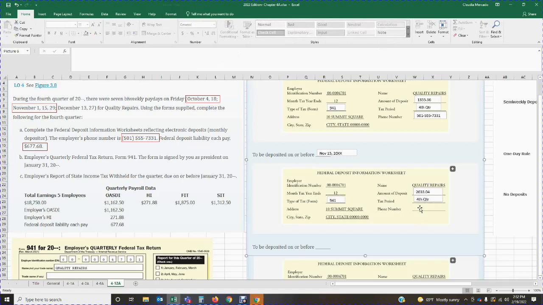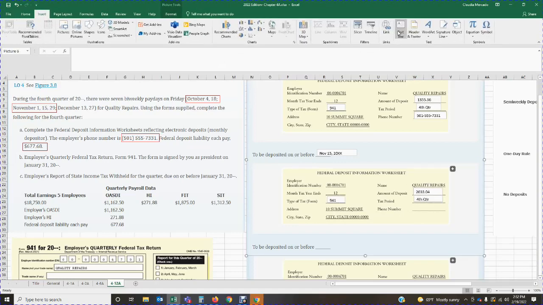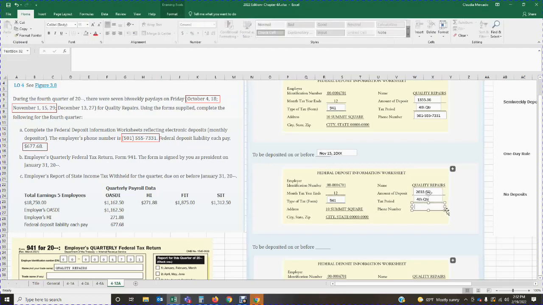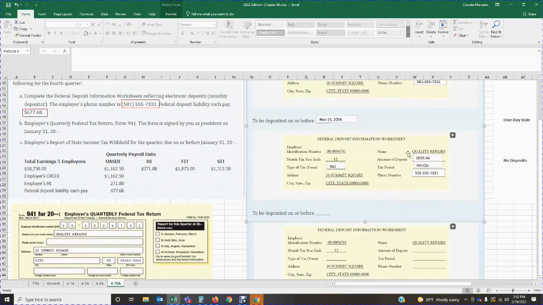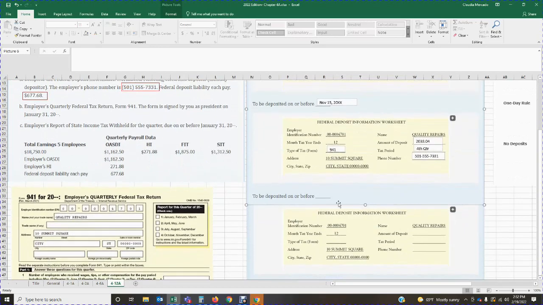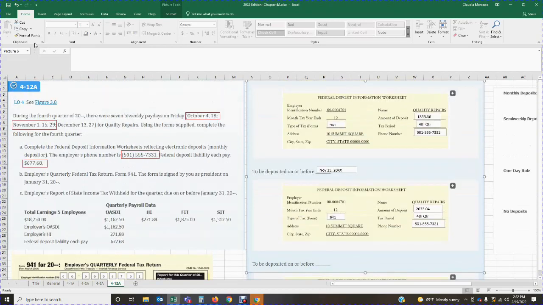And the phone number as well. The phone number is 501-555-7331. Okay. And then last but not least, this is October, November, and now we're going to do December.